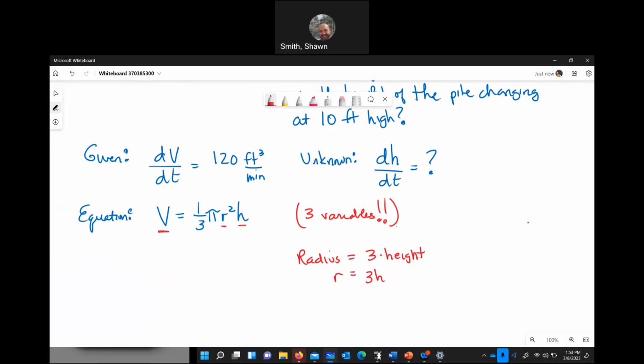So now if I put in r as 3h there, I only have one variable to work with. That's the variable I'm more interested in, because the question is asking the rate of change of the height. I'm not concerned about the rate of change of the radius. So now V is equal to 1/3 pi, r is now (3h) squared, times another h, and simplify all that. 1/3 pi times 9h cubed.